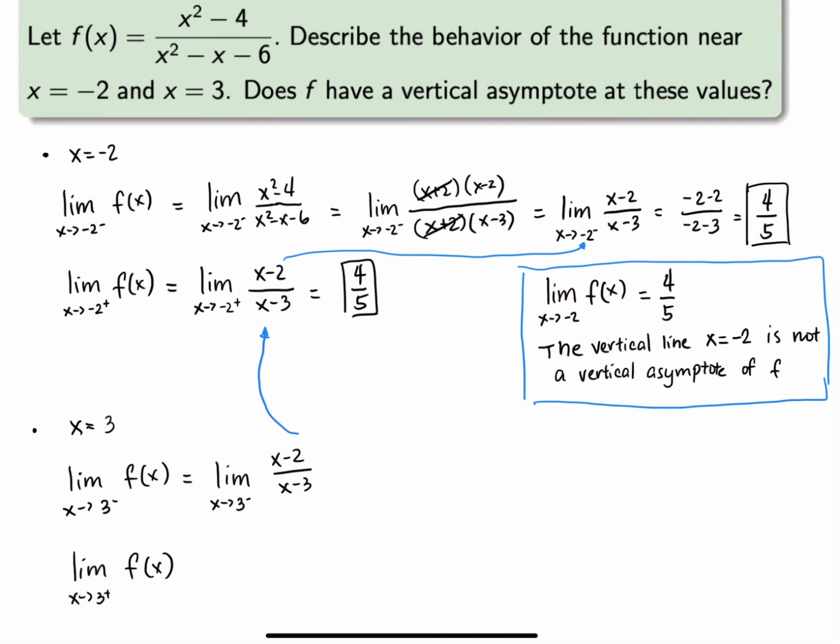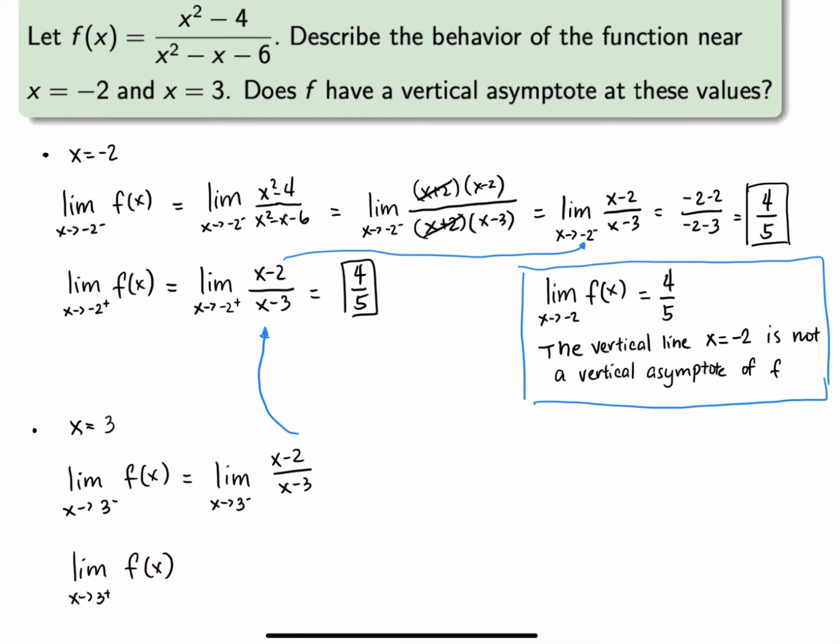Okay, so now note that the numerator will be a non-zero value, but the denominator approaches 0 through negative values. Since we have x approaching 3 from the left, we can think of a value that is less than 3. So let's say 2.9.